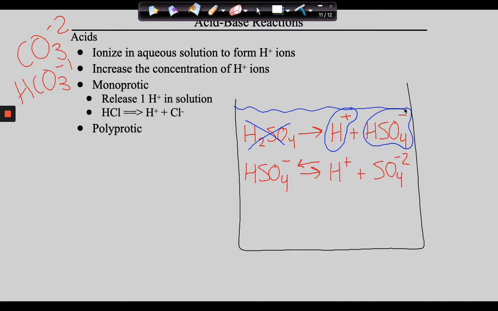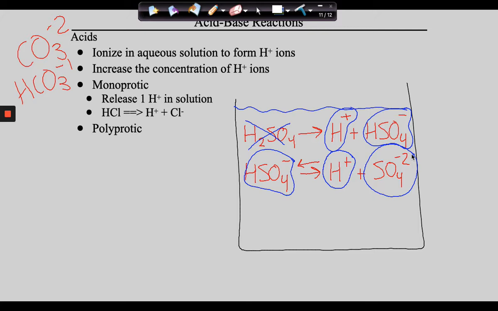But to fully answer the question, we've got to go down to the second reaction. As a result of this, does all the bisulfate ion break apart? No. So yeah, there's bisulfate ion. But in addition to that, some of the bisulfate breaks apart and it forms hydrogen ion and it forms sulfate. So in a bucket of battery acid, you have a lot of protons.